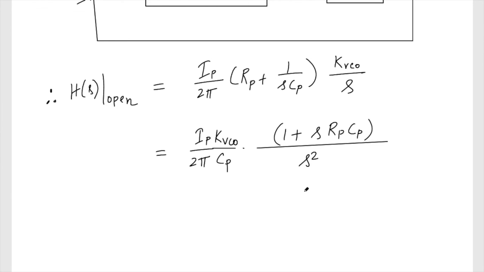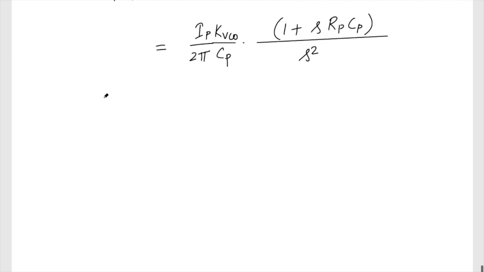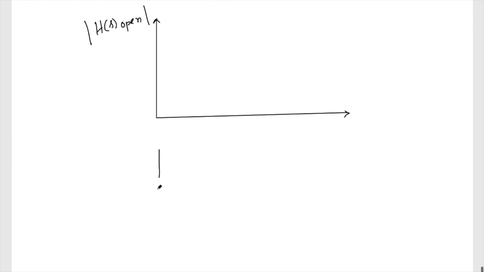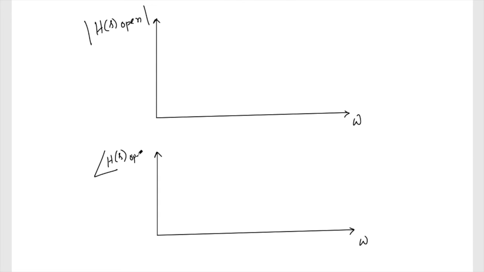Yeah, so I have two poles at the origin, and at the same time I have a 0 at RP CP. Now if I try to plot again the same transfer functions, the magnitude as well as the phase of the H S open loop, this is my magnitude, and I plot the phase as well, with frequency.